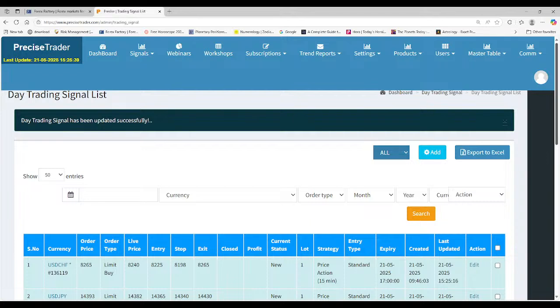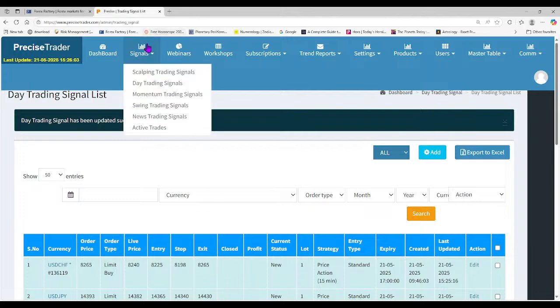82.25, right? Okay, 25. So buy at 82.25, 81.95, 82.65. Okay, so this trade is also, we are in.